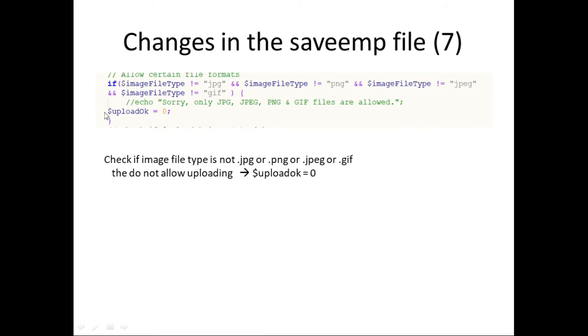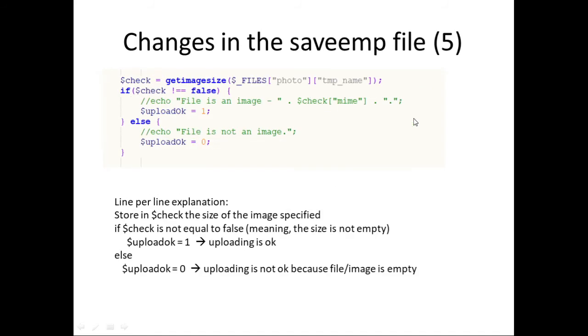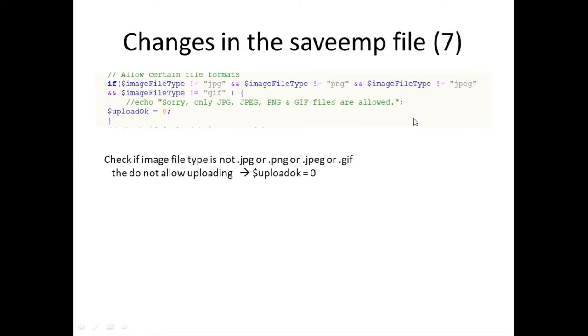Then on the next few lines here, we check for the file type. If you still remember, in the previous line, we tried to get the extension. So let's go back to that. So image file type. So this is where we get the extension of the file name. So here we check for the extension.